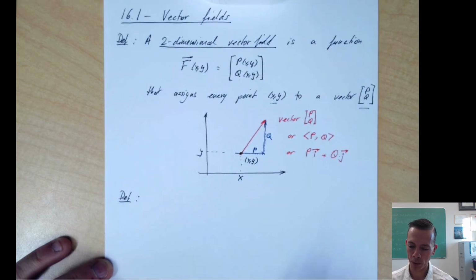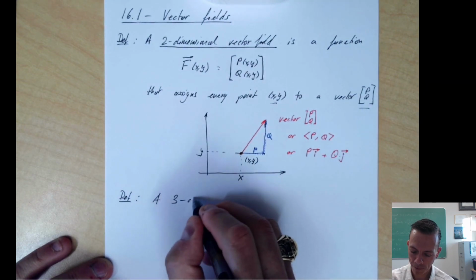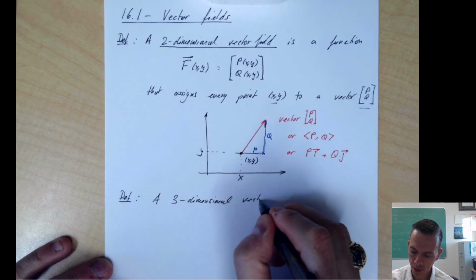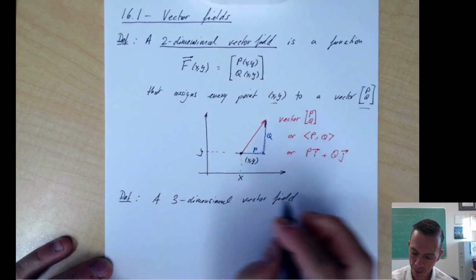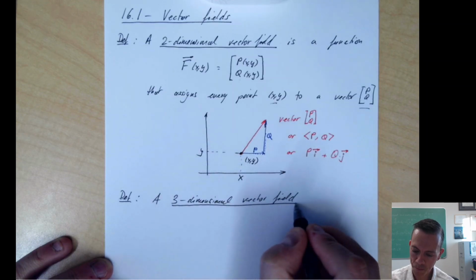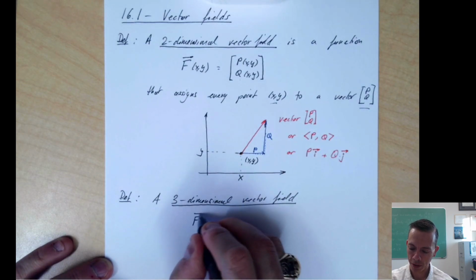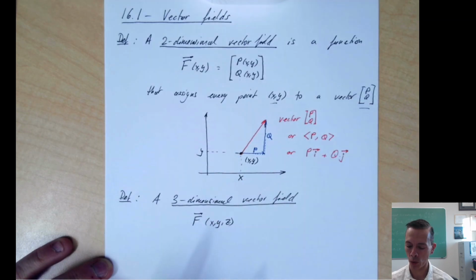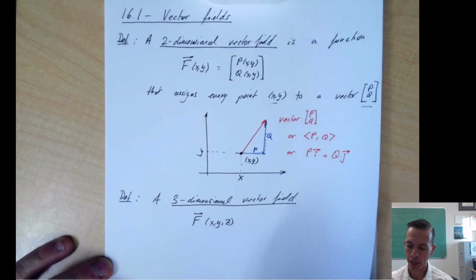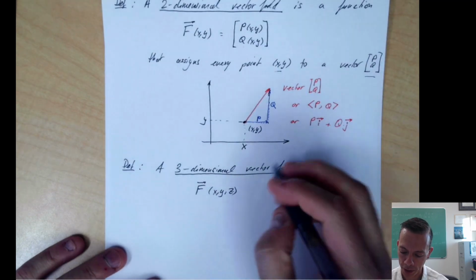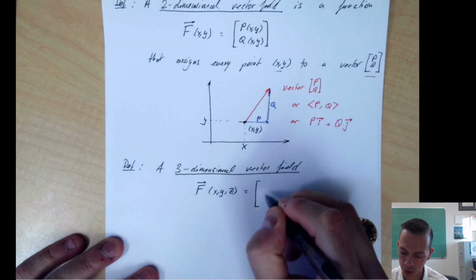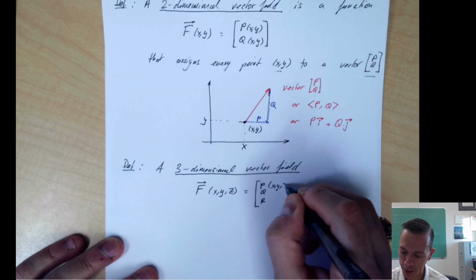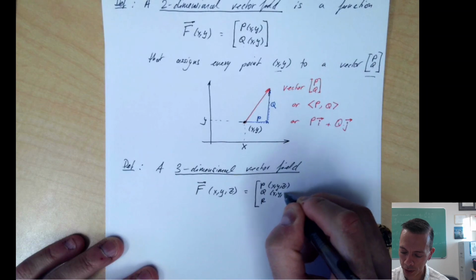You can do the same thing in 3 dimensions. In this case, the function takes as its input a point in 3 dimensions whose coordinates are x, y, and z, and the output is now a 3-dimensional vector with 3 components, p, q, and r, each one of which is a function of x, y, and z.